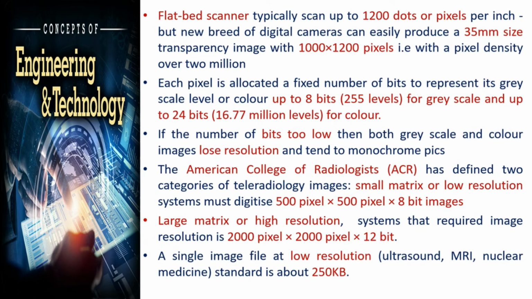For color, it comes with almost 24 bits, so it's 16.77 million levels. So you just imagine whether your picture is going to be gray level or color pictures. Okay, so for the detailed information, we need more information on that.